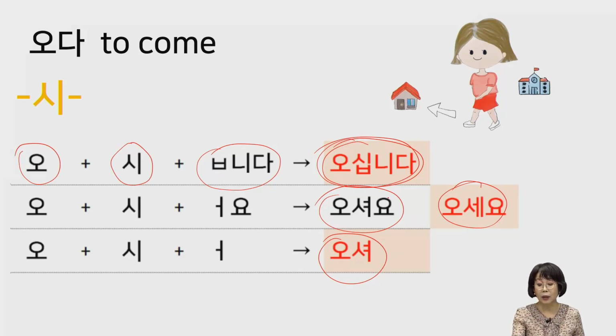You can add only 요 to 오셔, the casual way of ending, to make informal high respect. The only difference between this informal high respect and casual is the 요. Remember, 요.